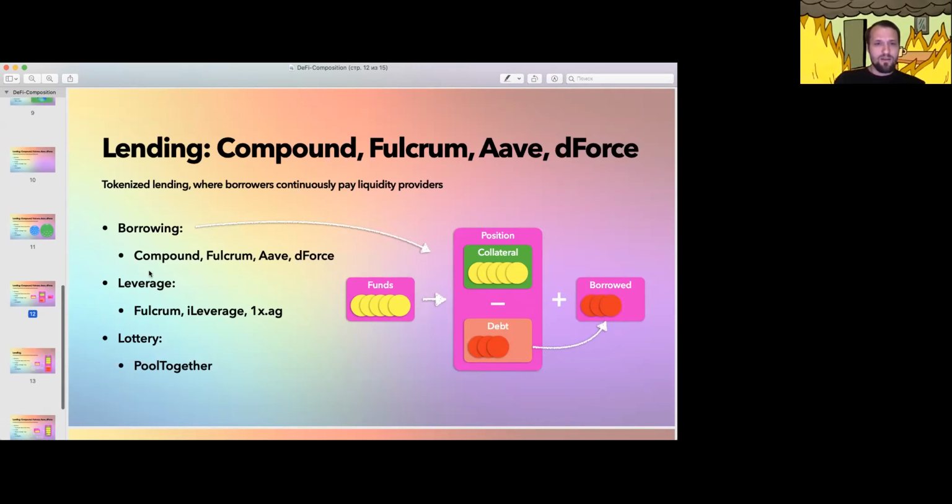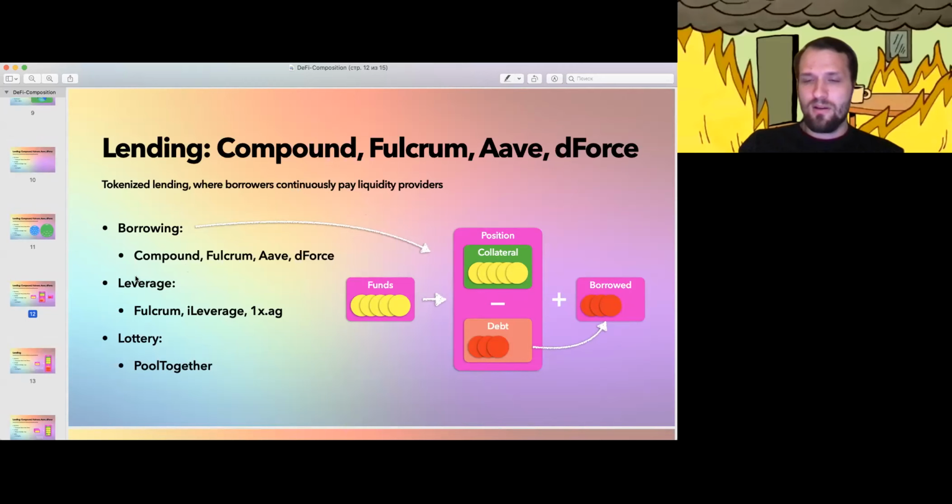And one more interesting idea based on these lending protocols is leverage. How we can create a leveraged position.